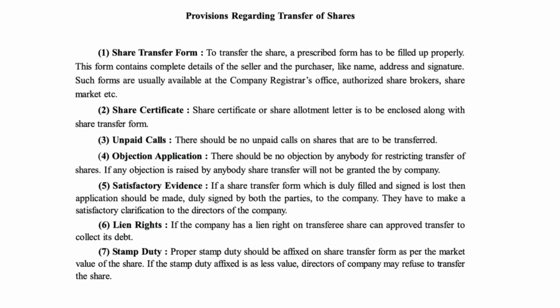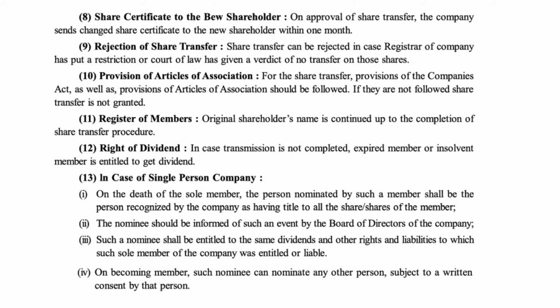Then the share certificate has to be issued to the new shareholder. The share transfer can also be rejected. Who can reject this? The Registrar of Companies can reject it, or it can be rejected because of some court order. Next, whatever provisions are given in the articles of association, those have to be taken care of.